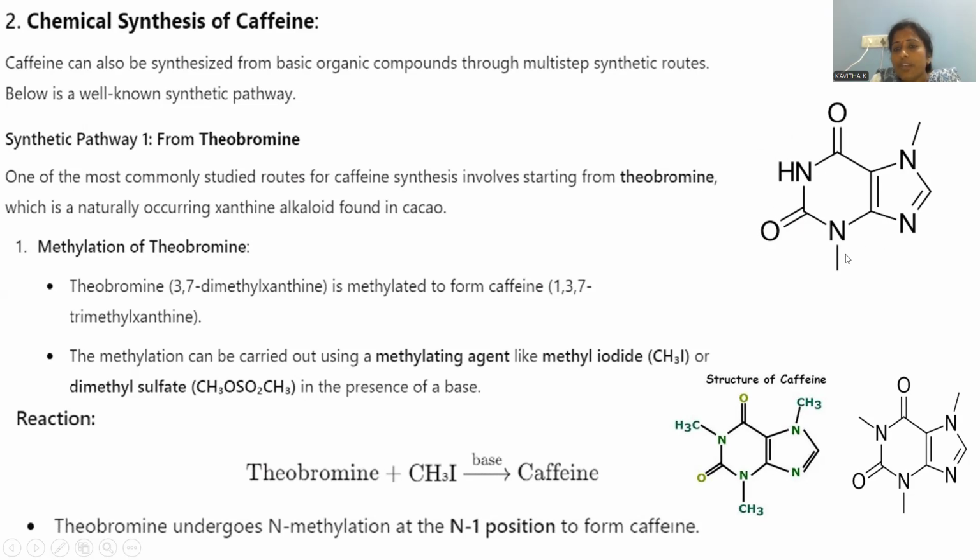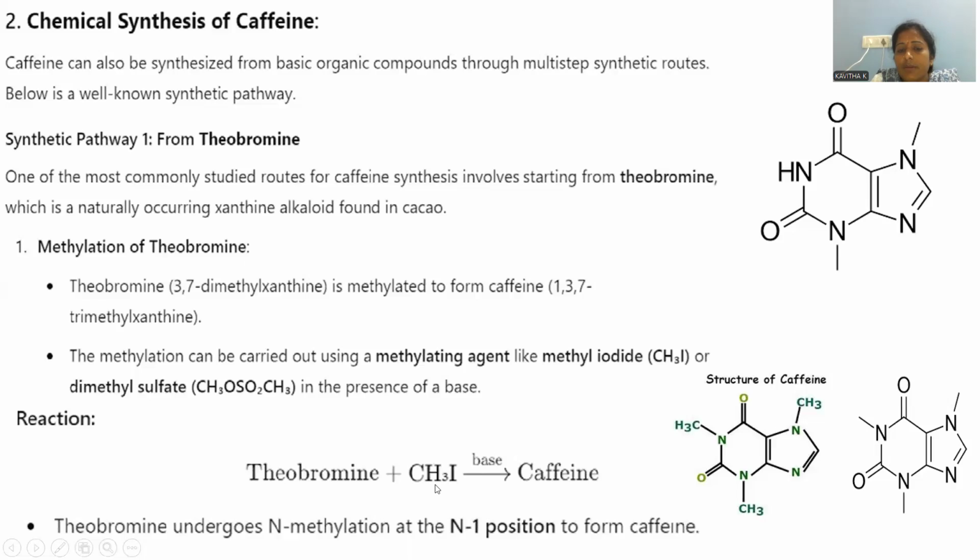Simply, theobromine is extracted from cocoa. This cocoa extract is taken and subjected to methylation at this position, so that within one step, it is possible to make theobromine into caffeine. This is the way methylation of theobromine is sufficient for the conversion of starting material into the product. Theobromine can be treated with any methylating agent.